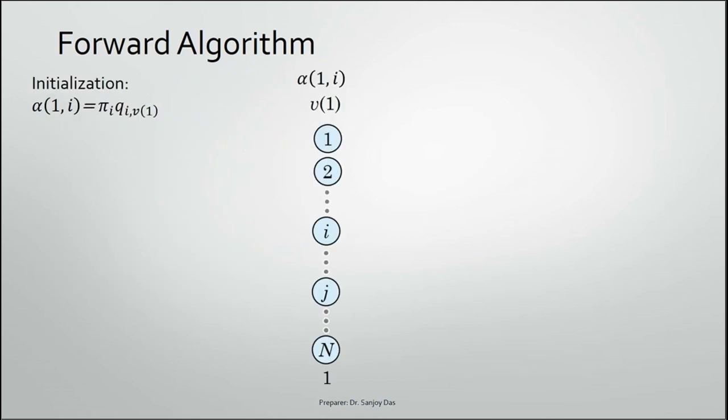So now let's proceed with the forward algorithm. We initialize alpha 1i for each state i. We initialize alpha 1i to be equal to pi i times qi v1.